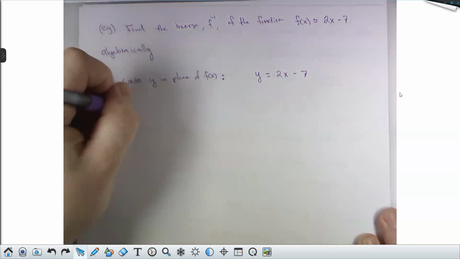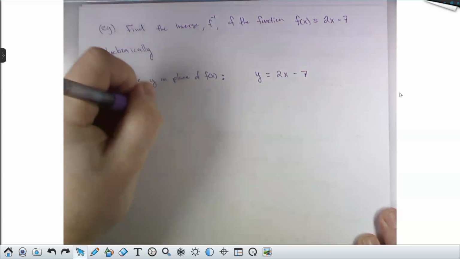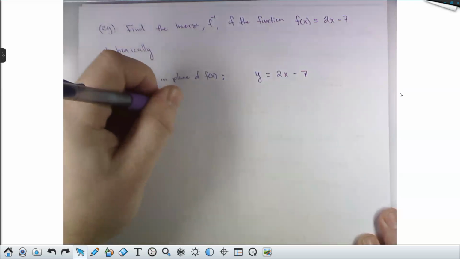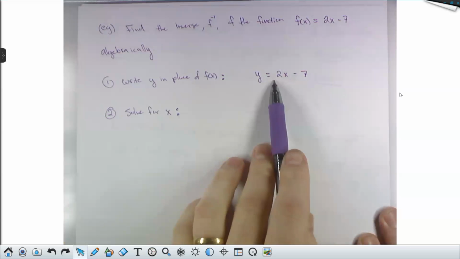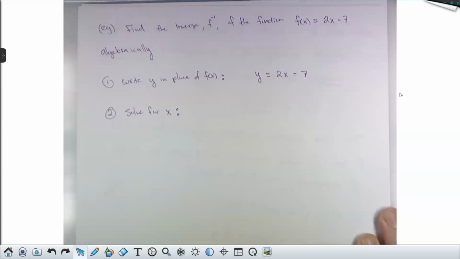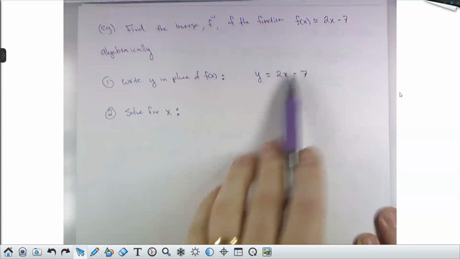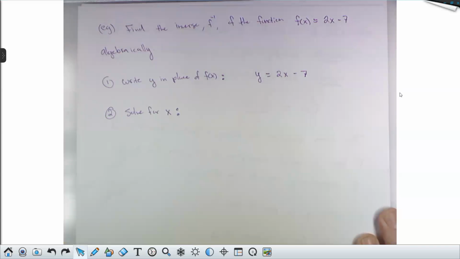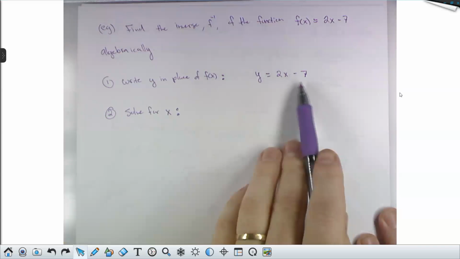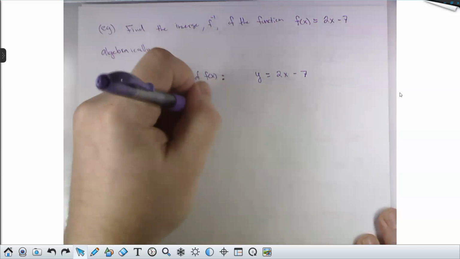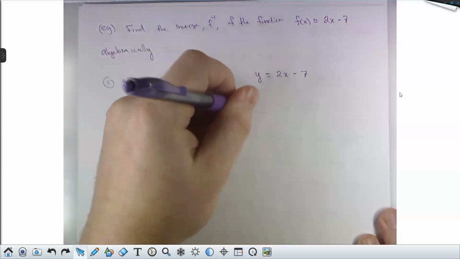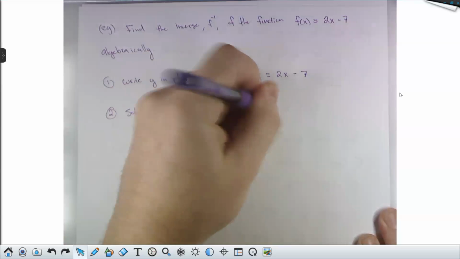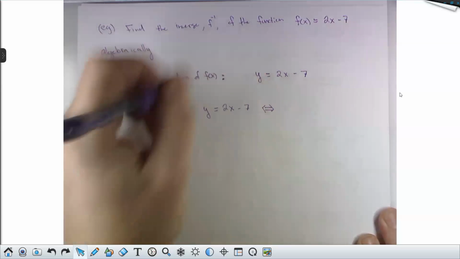Then we solve for x in terms of y. I'm going to take this equation and solve it for x. That means I want to get this x alone, so I need to undo all the operations on the right-hand side that are affecting x. First, I'll add the 7 over. I'm beginning with y equals 2x minus 7, and my very first step is to add 7 to both sides.